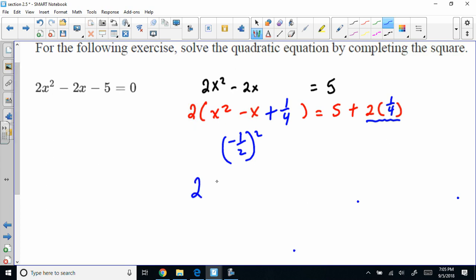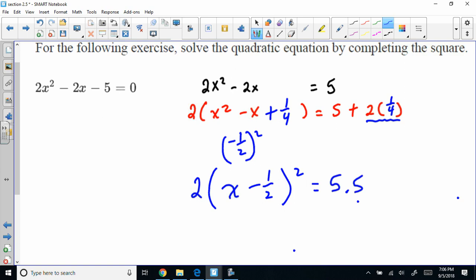We have 2 times x minus 1/2 squared equals, what's 5 plus 2 times 1/4? 2 times 1/2, right? So it's 5.5. Y'all agree?